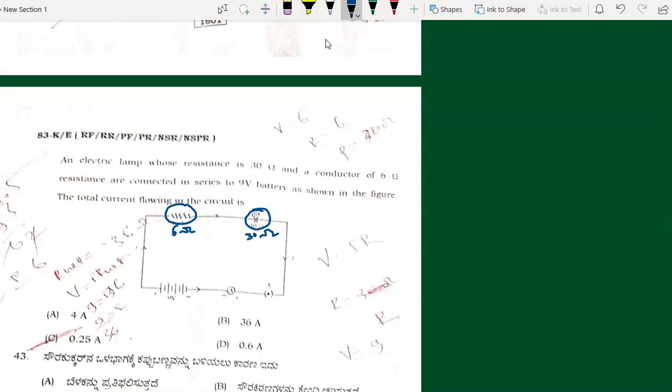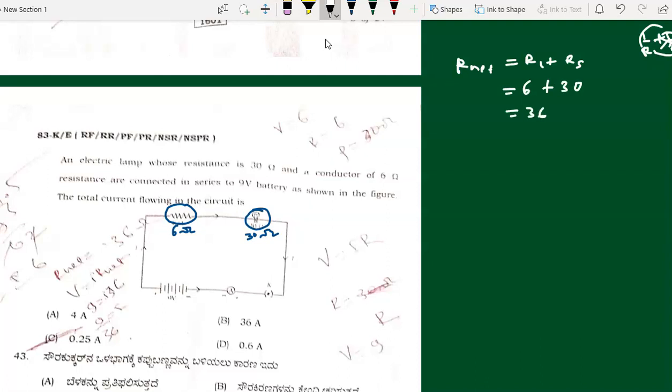If resistors are connected in series, how do we calculate R net? R net will be equal to R1 plus R2 for resistors connected in series. If they are connected in parallel, we use 1 by R1 plus 1 by R2. Now they are not connected in parallel, they are connected in series. Then 6 ohm plus 30 will be equal to 36.